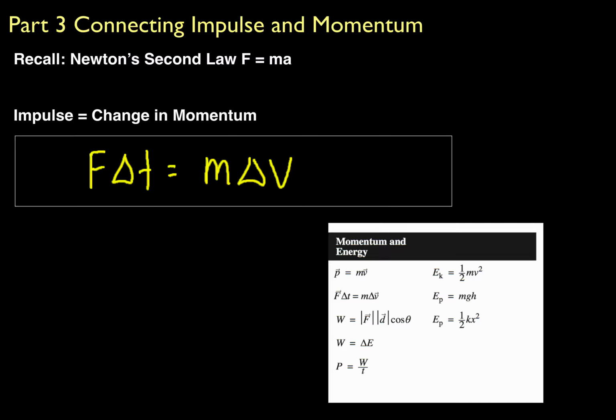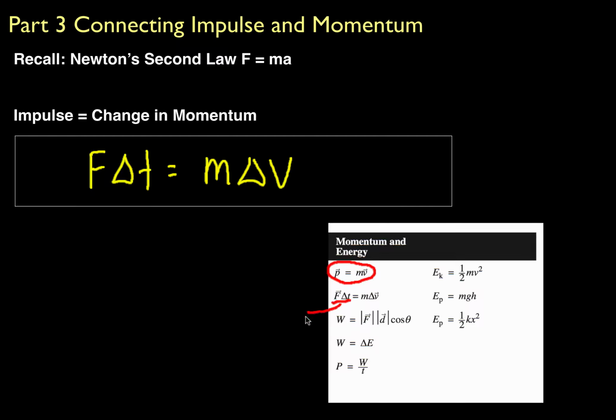Now, if you examine your formula sheet for momentum and energy, you'll see some familiar formulas that we've gone through in this video so far. Momentum formula, p equals mv, is there, but you won't see the impulse formula. That's because the impulse equals change in momentum formula is listed, and they don't want to list it twice.